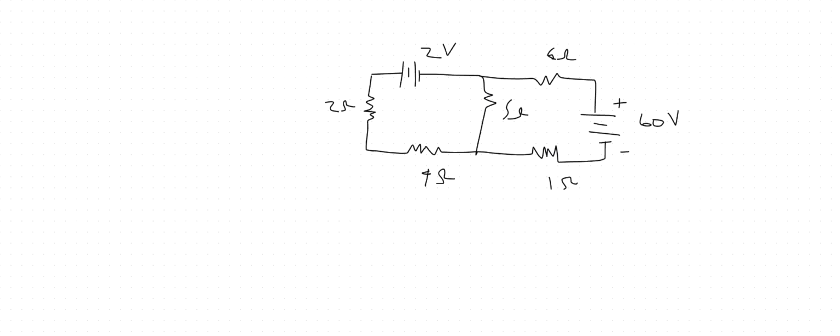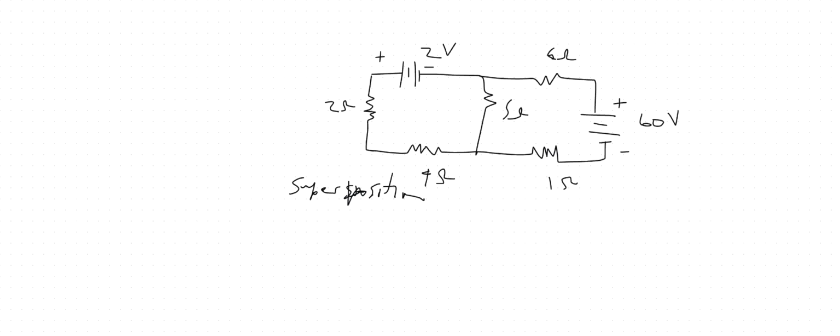All right. Now, guess what? What we need to do is superposition, right? And guess what superposition states? You could use loop analysis to solve this problem as one methodology, but you could also use the principle of superposition.